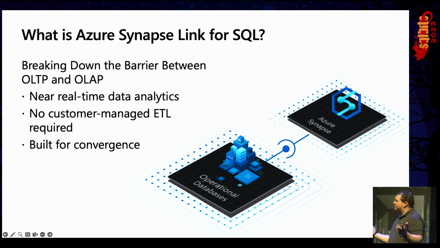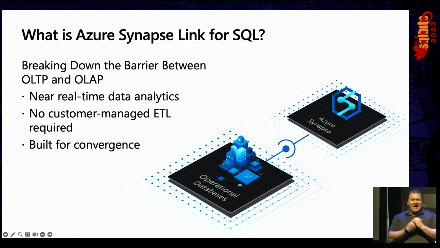So what does this do for us? This is the E and the L of the ETL or ELT pattern. We want to take the pain out of that data movement and out of the ETL process. We also are doing this in near real time. If you want to do this type of thing and you're doing watermark queries or running over CDC tables, that's batch-based, there's latency there, and you're adding load to your system.